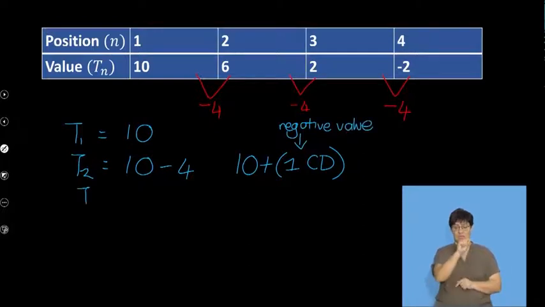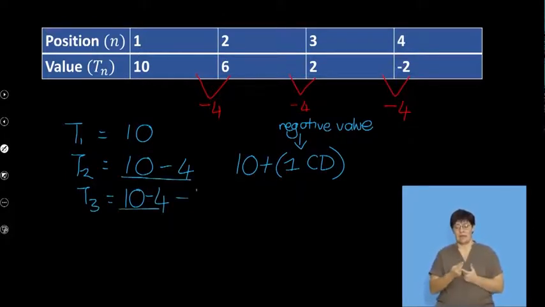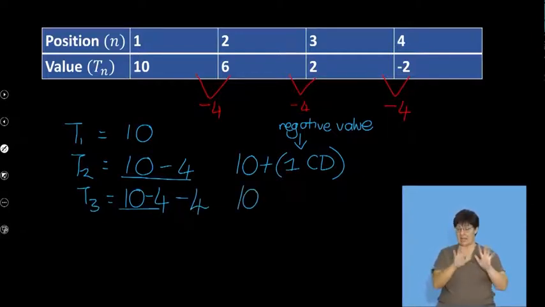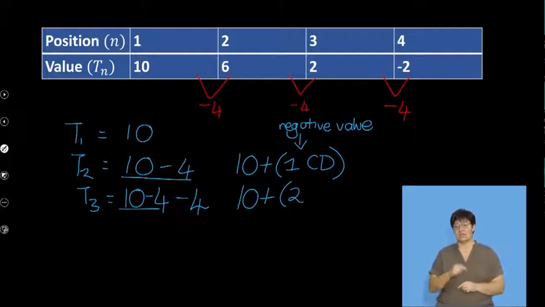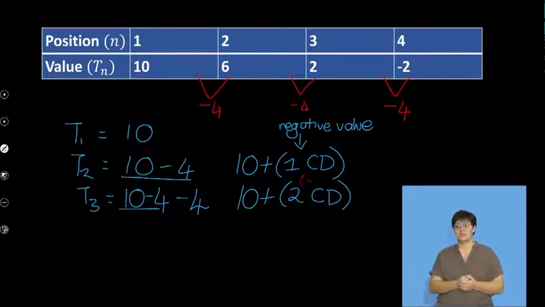Then for term 3, we can say that I had 10 minus 4 because that's the value of term 2. But I then subtracted another 4. So that means I had 10 plus 2 common differences, and 2 common differences in this case, I'm just going to write it in red for us, would be negative 8.